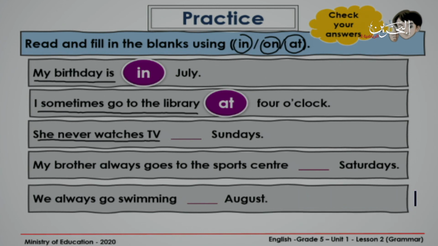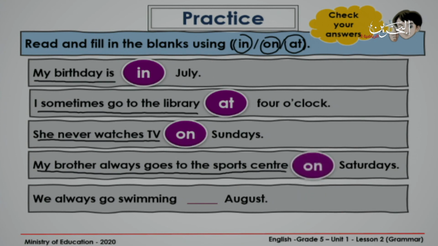What did you write? On Sundays. Very good. My brother always goes to the sports center. You have a day as well. On Saturdays. Very good. And finally, we always go swimming. You have a month. We say in August. Very good.